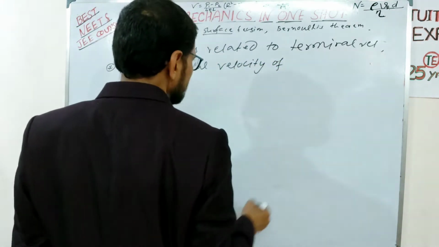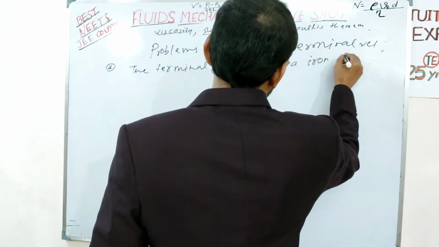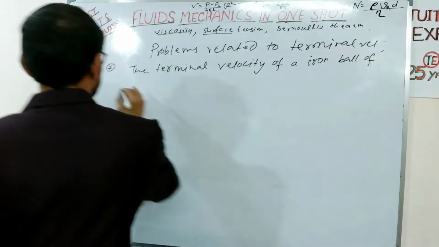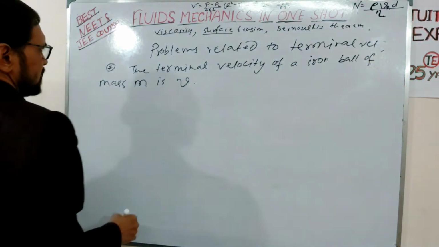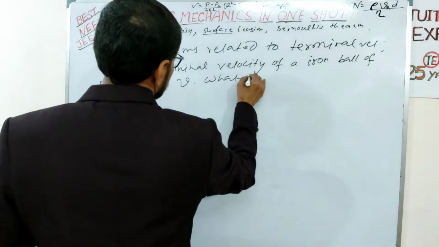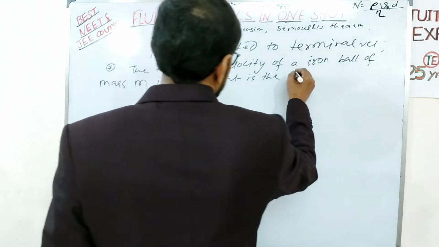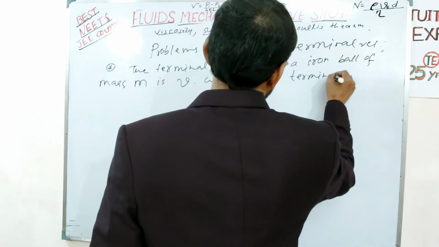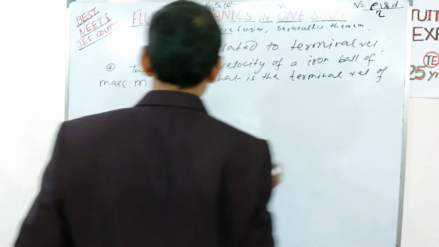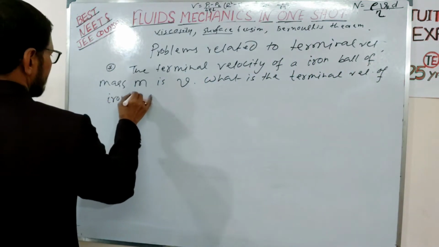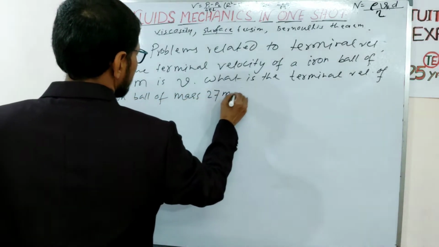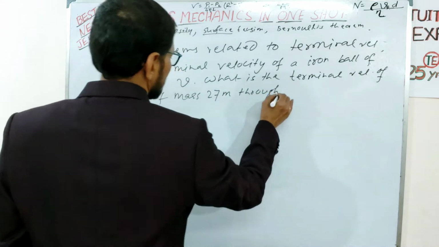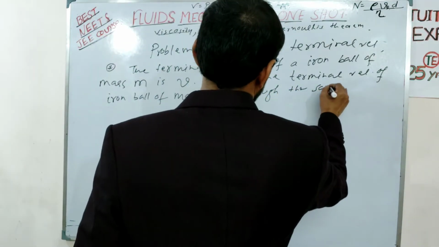Terminal velocity of an iron ball of mass M is V. What is the terminal velocity of an iron ball of mass 27 m through the same liquid?